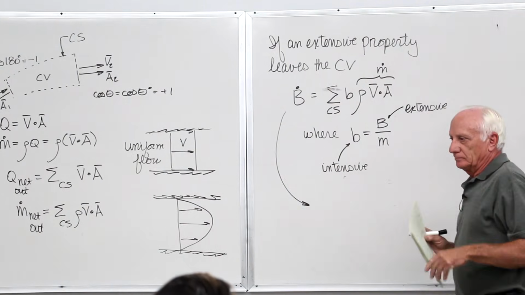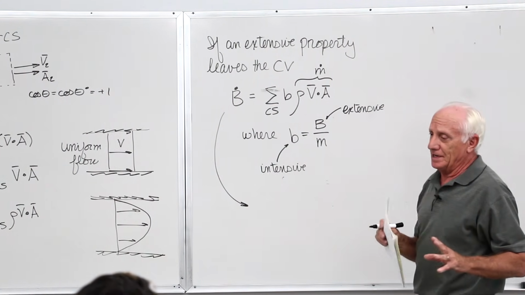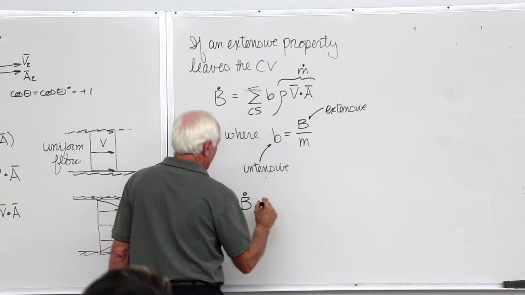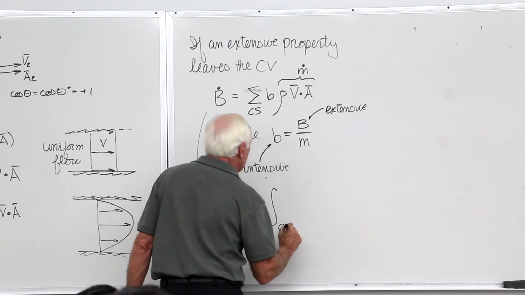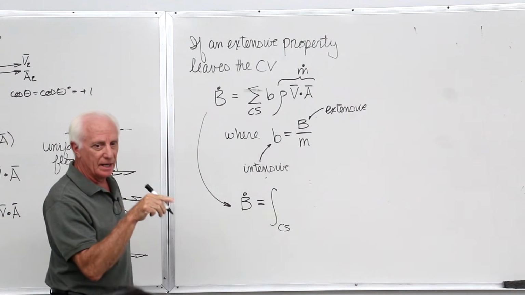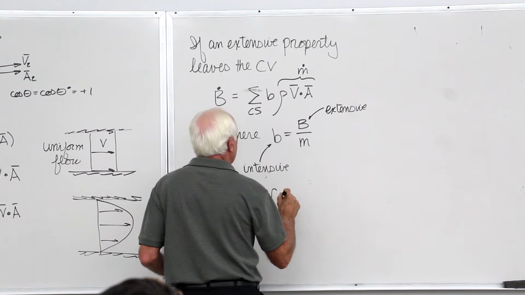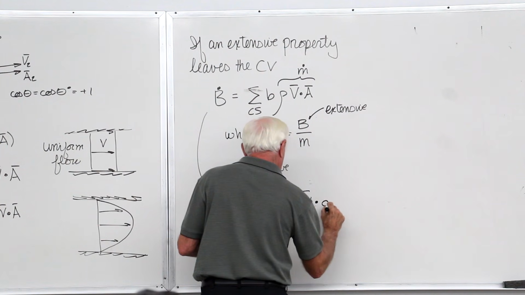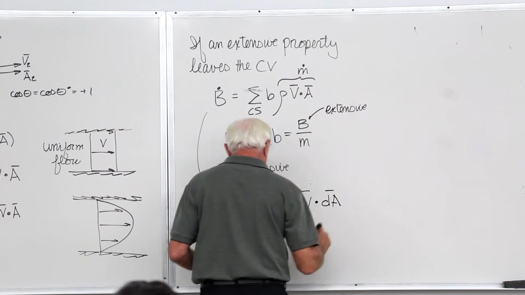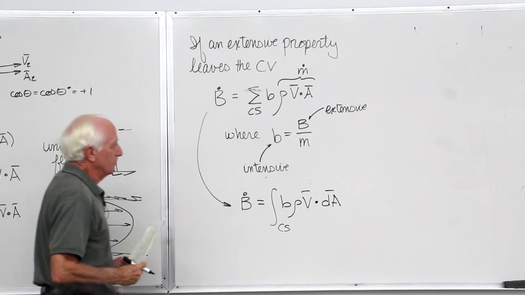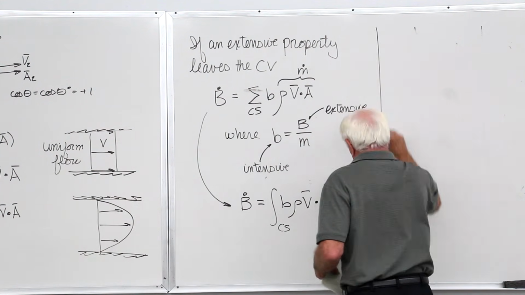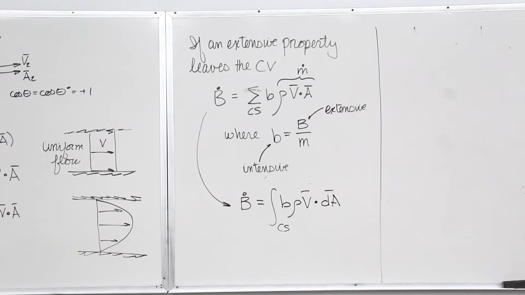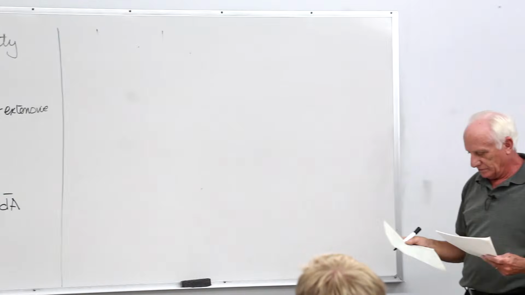You can use a summation. If the velocity profiles varied across the flow area, then you have to be more official and use the integral definition, because then V is going to depend on A, dA. Okay, so two possible forms of it. One for uniform flow, one for non-uniform flow. We'll pretty much deal with uniform flow for a while.